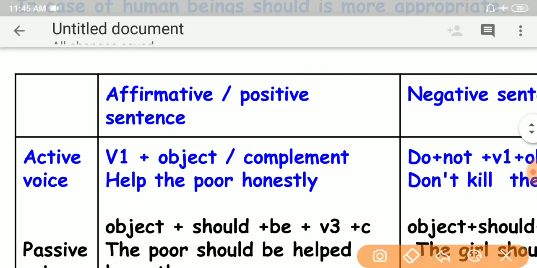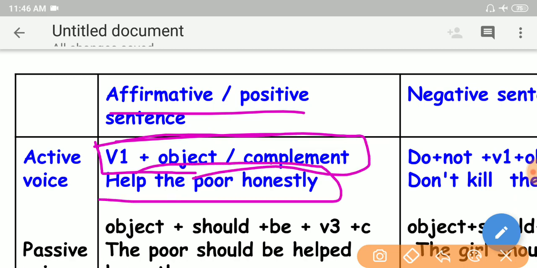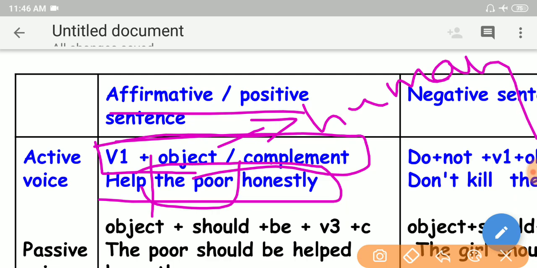The affirmative or positive sentence is the same: V1 plus object or complement. Help the poor honestly. Help is the V1, and poor is the word referring to human beings. Is it or not? The word poor refers to human beings. That's why the passive pattern should be changed, my dear friends. Let us see how it should be changed.